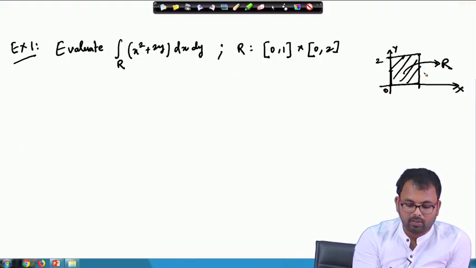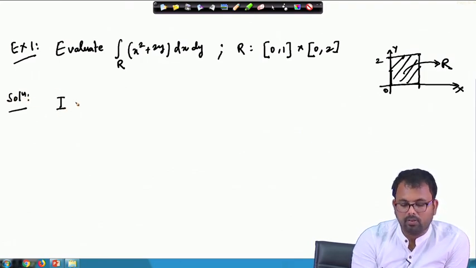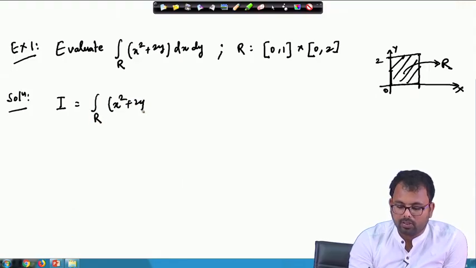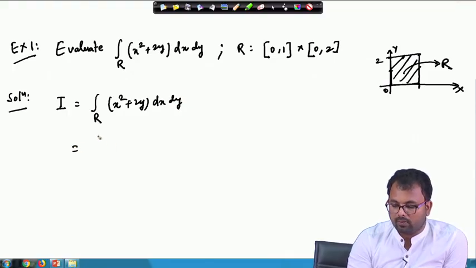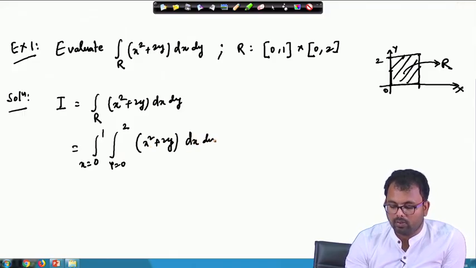All right. So, solution. Let us write I as the integral over the rectangle R of x square plus 2y dx dy. Now, I can write x running from 0 to 1, and then the integral with y running from 0 to 2 of x square plus 2y dx dy.